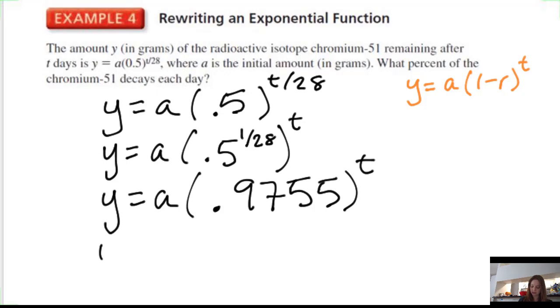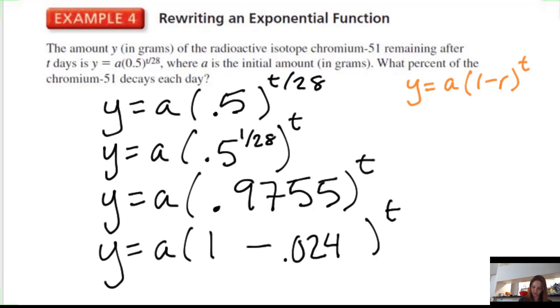I can write this as y equals a times 1 minus some value. And I need to know what subtracted from 1 will get me 0.9755, and that is 0.0245. And now that it's here, I can answer the question.